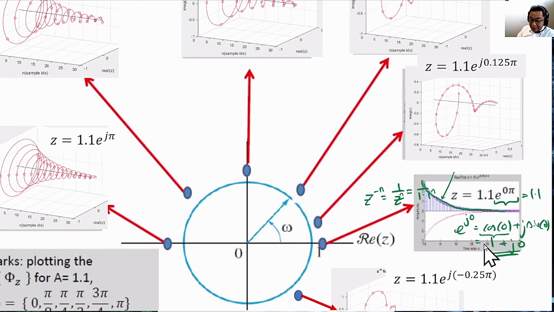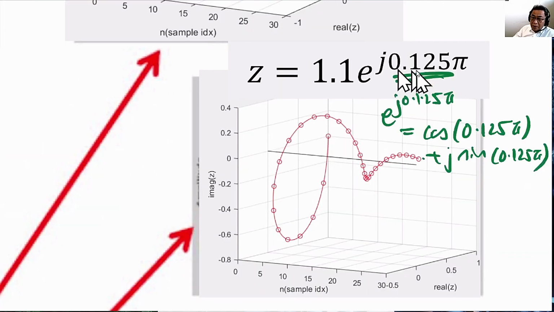Now, let's study the second one, where we have 1.1 e to the j 0.125 pi. We open up e to the j 0.125 pi and express it with Euler's formula as cosine 0.125 pi plus j sine 0.125 pi. So this time we have some real number plus j times some real number.